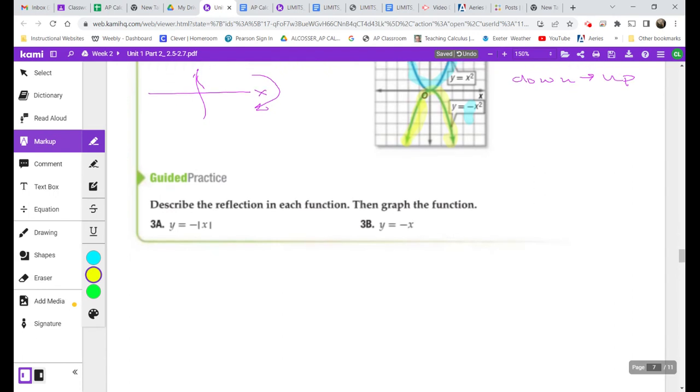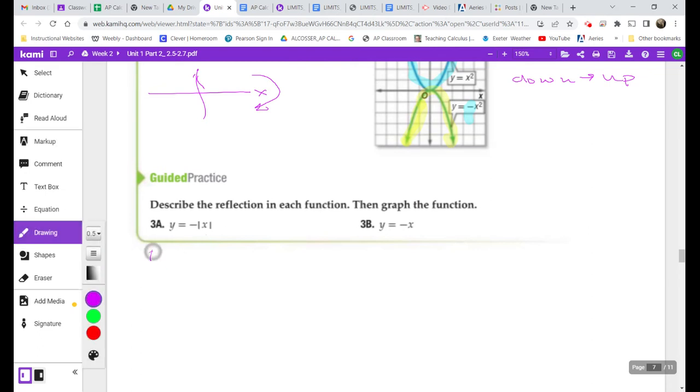So let's look at this one here. Okay, so let me draw this one. So our parent graph here is absolute value of x. So that's this guy, right? It's a V shape. I can't draw it very well. Man, I missed that completely, didn't I?